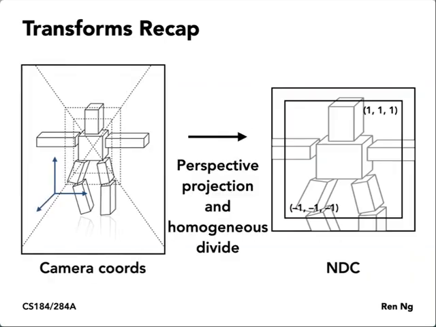Then what? Perspective projection, what we just talked about today. We apply the perspective projection matrix, and we need to choose, in this case, the frustum, the location of the top right and bottom left coordinates of the frustum in particular.